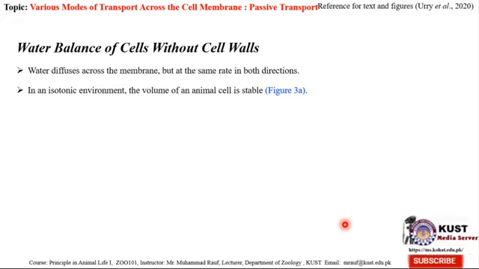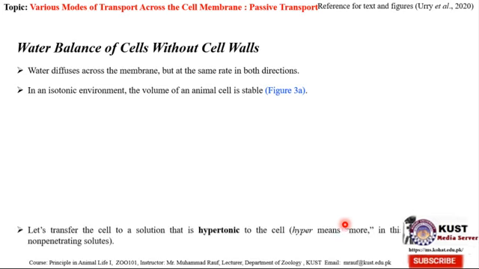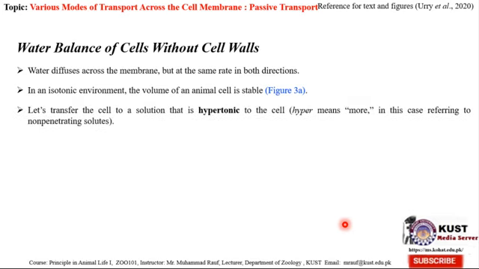Now in an isotonic solution there will be no difference in the volume of the cell, because the movement of water molecules towards inside will be equal to the movement of water molecules exiting the cell. So let's consider another situation where a cell is kept in a hypertonic solution, meaning the solute concentration outside the cell is higher as compared to inside the cell.